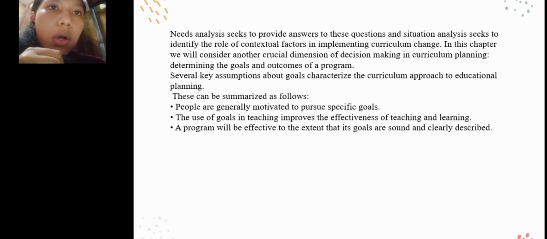The use of goals in teaching improves the effectiveness of teaching and learning. 3. A program will be effective to the extent that its goals are shown and clearly described.